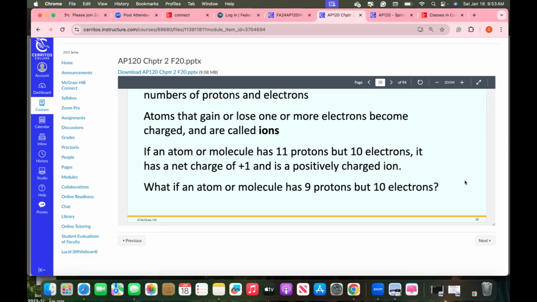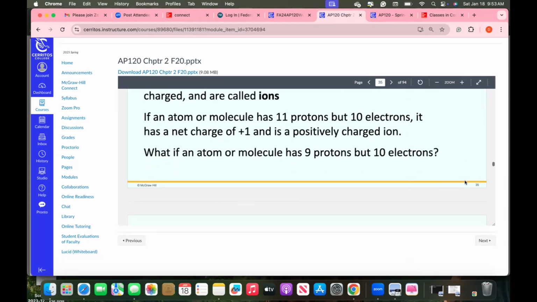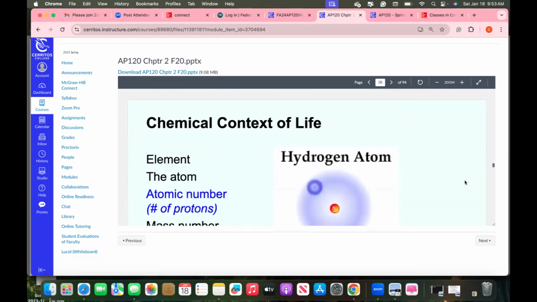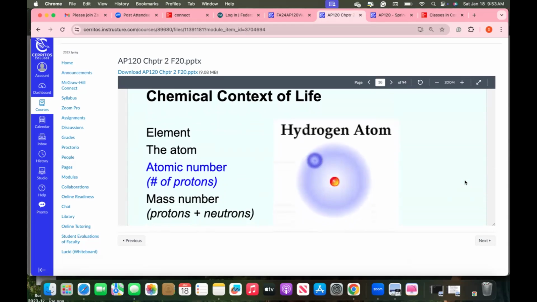Okay, so let's continue here. We're going to talk about atomic number versus mass number, which is chemistry stuff. For the element of an atom, the atomic number is the number of protons. So we've seen hydrogen before when we were looking at water.